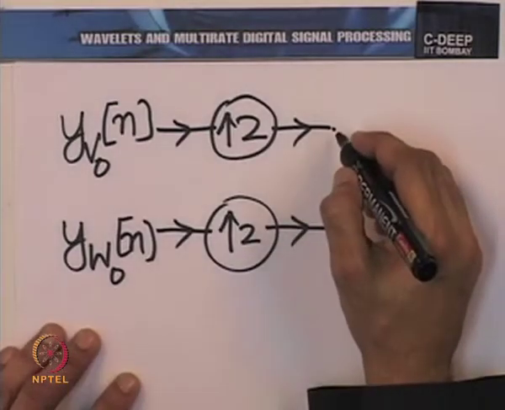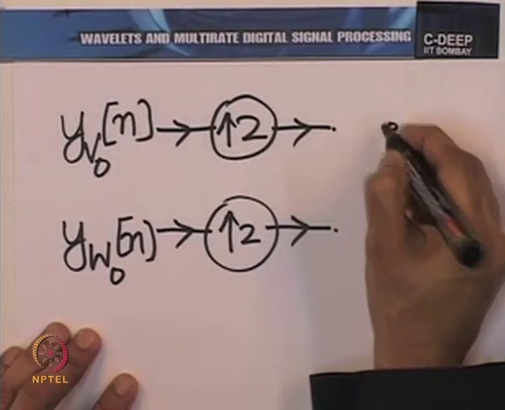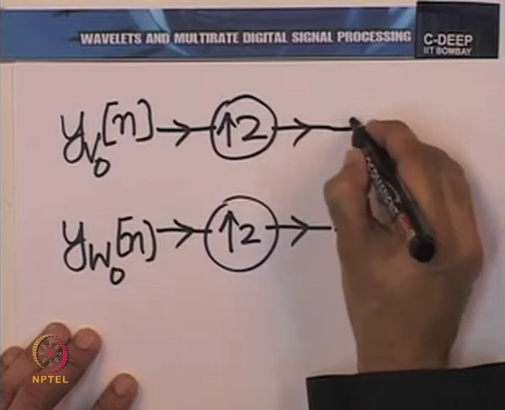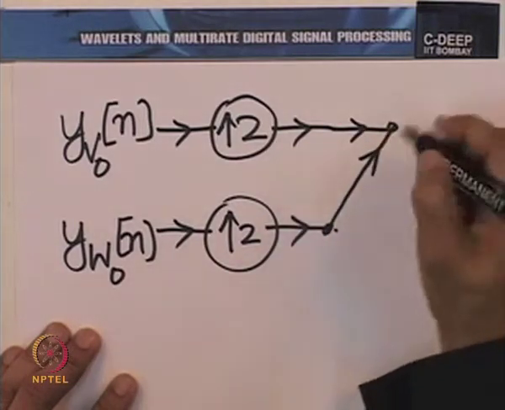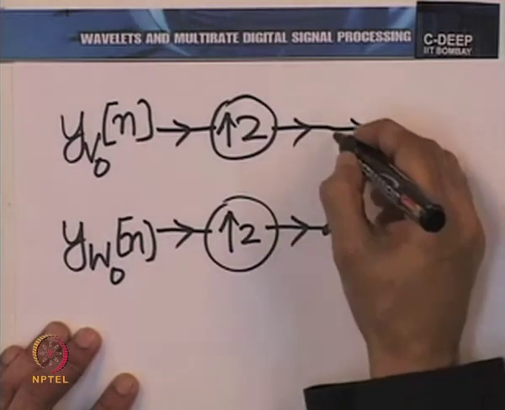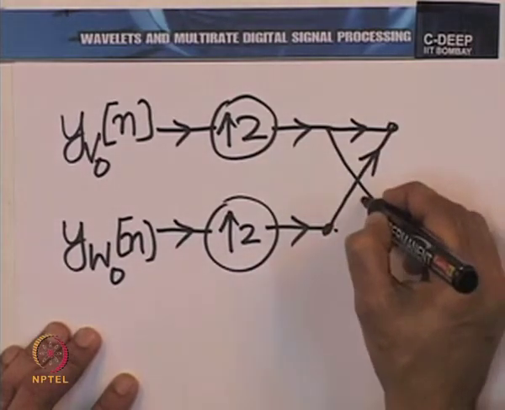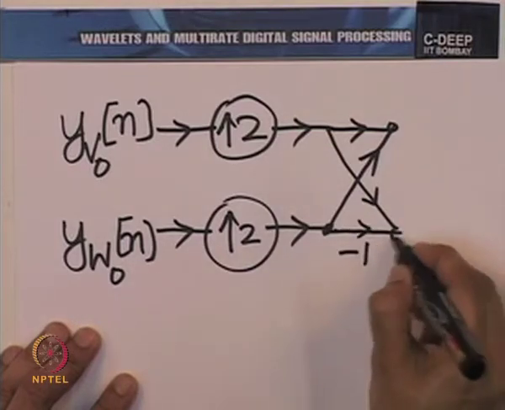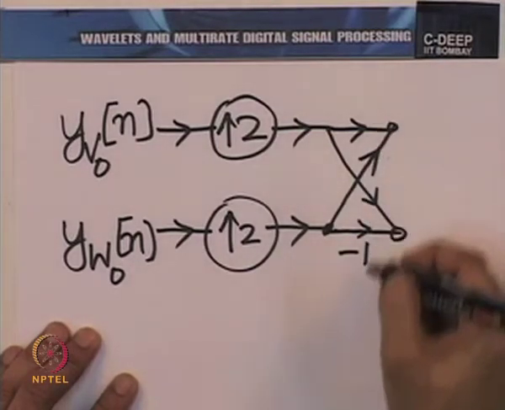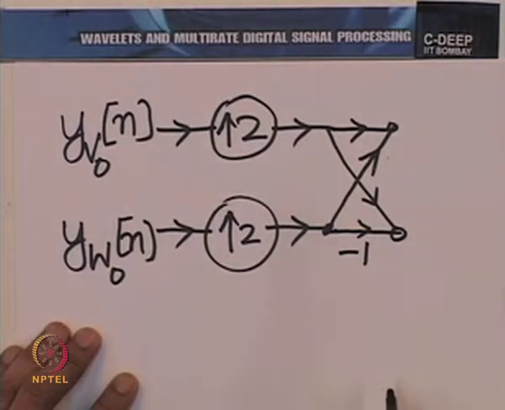Now, I add and subtract. So, I have the sum of these outputs on one branch, this plus this, and this minus this on another. This is the sum branch, this is the difference branch.